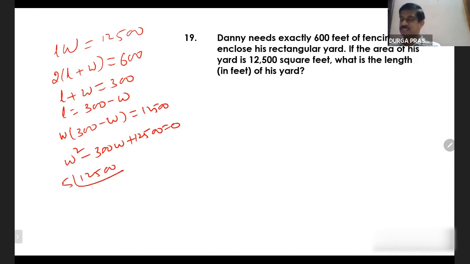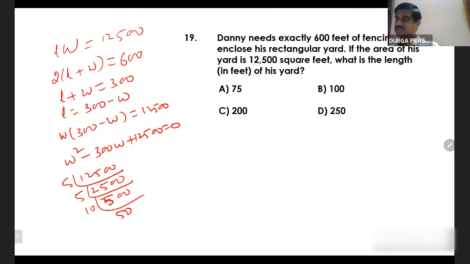So it is 5 2 10, 5500, then 5, 500, then 10, you'll get it as 50. So if you take factors for this, 600, we got it.